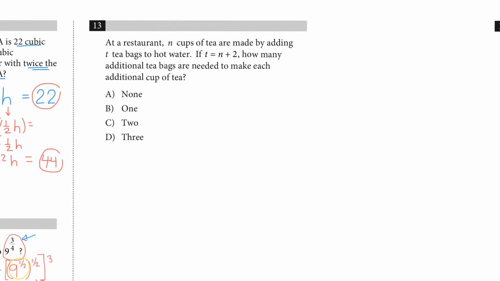Number 13, at a restaurant, n cups of tea are made by adding tea bags to hot water. So if T is equal to n plus 2, how many additional tea bags are needed to make each additional cup of tea? So n is the cups of tea. If n is 1, I add 2, that means I need 3 tea bags.